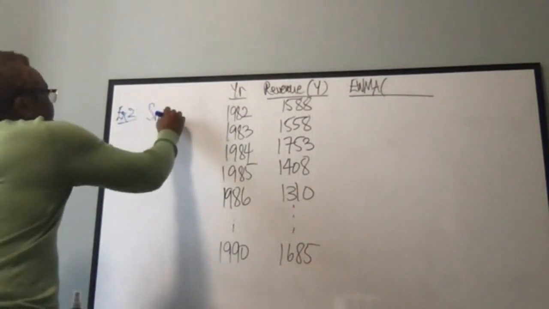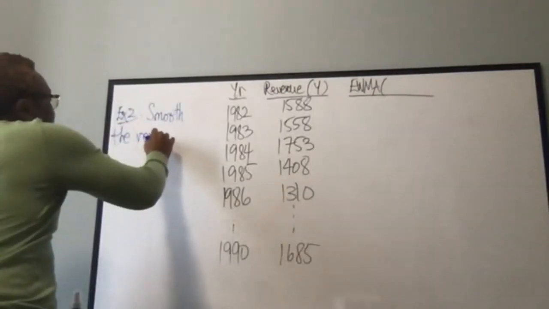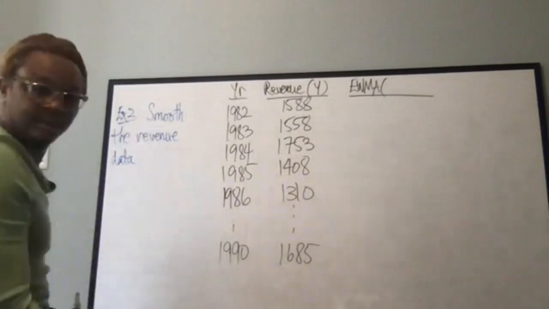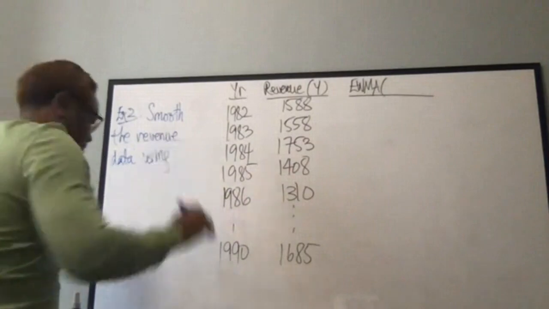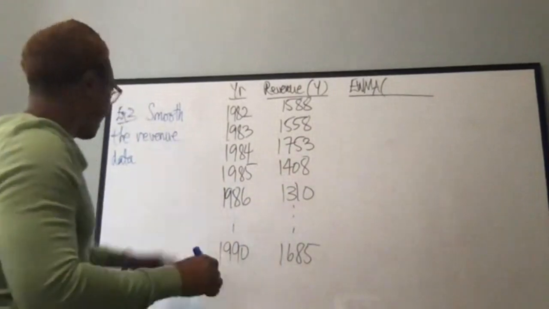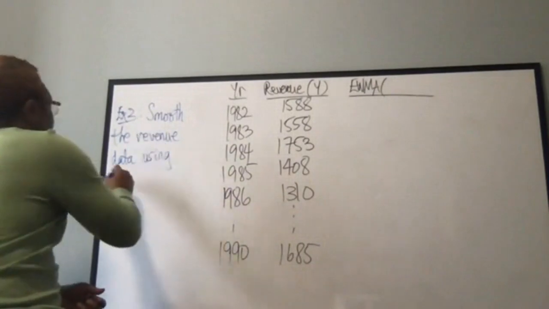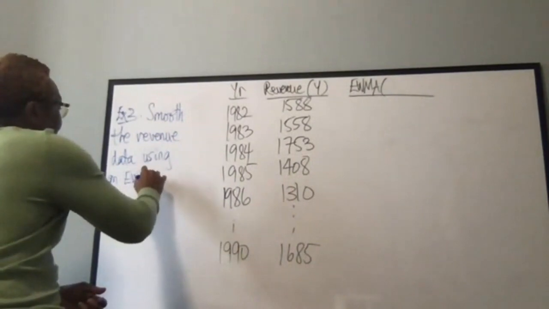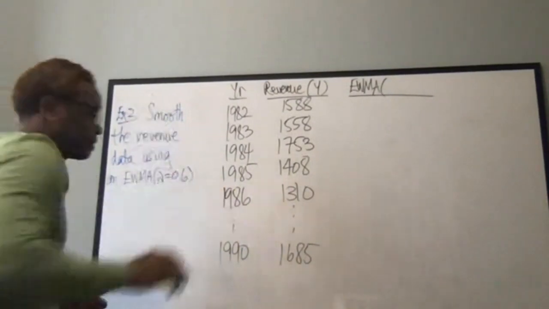Smooth the revenue data using an EWMA, and I'm going to say lambda equals 0.6.